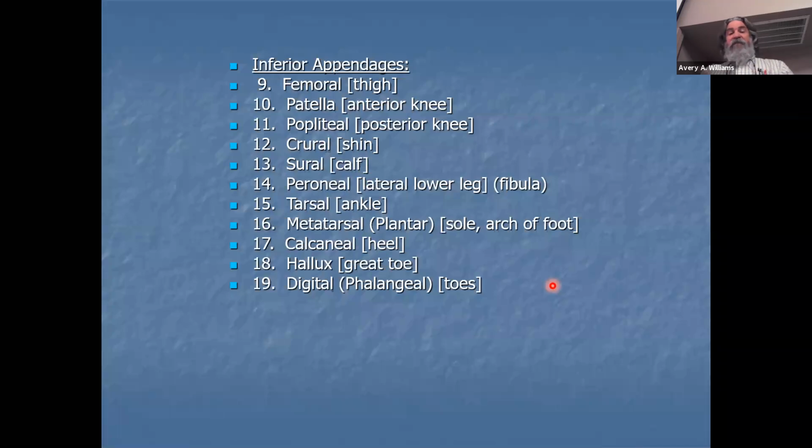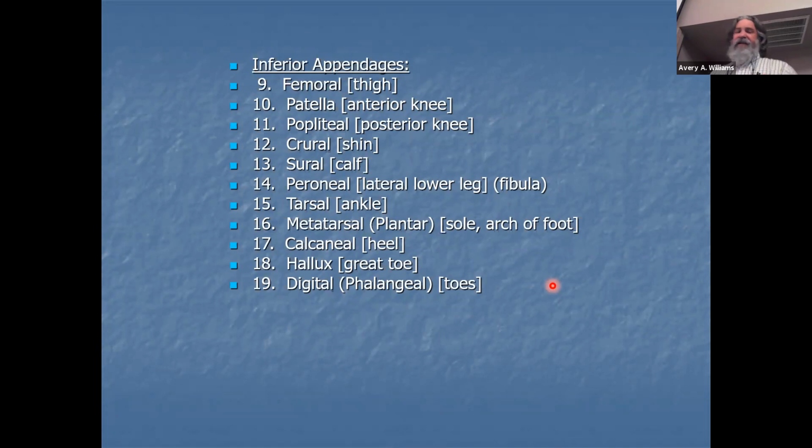Now look, number 19, digital. Did we have this already? Yeah, we did. Digital, phalangeal, just like your fingers. Your fingers are digits, your toes are digits. The bones of your toes are also phalanges. You would think, of all the nitpicky, hair-splitting things they have in anatomy, that they would have special nomenclature to distinguish fingers from toes, but they don't.